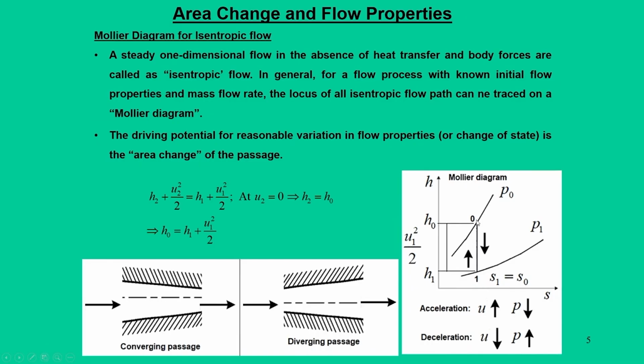If the flow expansion takes place from 0 to 1, that is, the arrow pointing towards the bottom, then the velocity will increase and the pressure will drop. That means we are decreasing the pressure, but with an increase in velocity, or the fluid gets accelerated. Now, if you go from 1 to 0, that means the fluid is decelerated and the pressure increases.